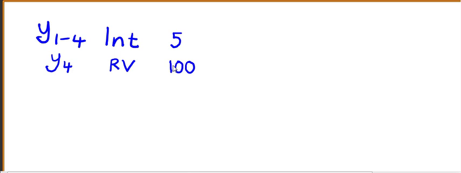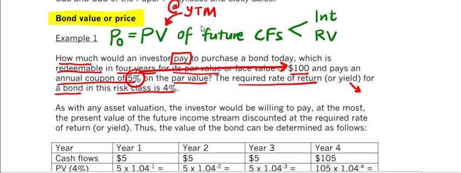We're going to find the present value of these cash flows, and to do that you have to discount at the yield to maturity, your discounting factor already given in the question, which is 4%.